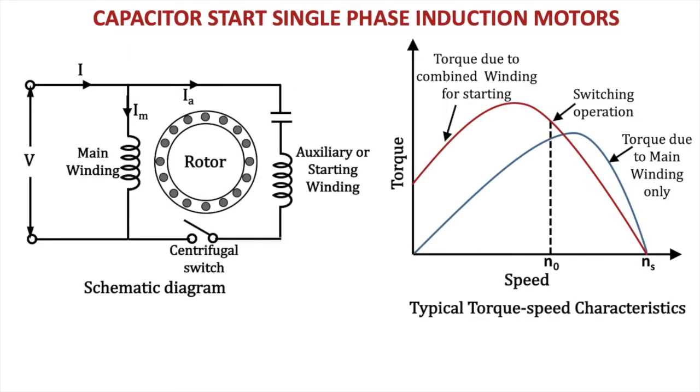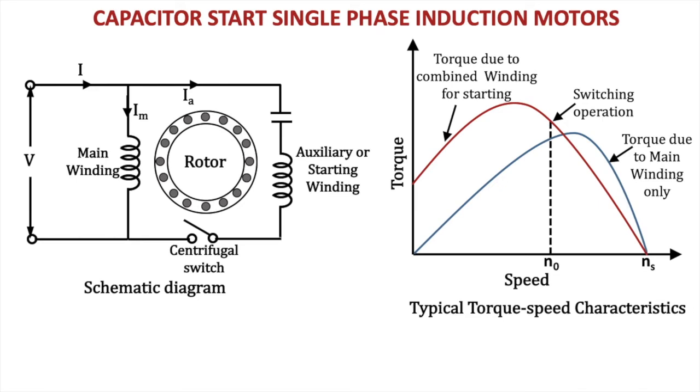Now here you can see the torque speed characteristics of the given motor and the schematic diagram, which you can easily draw. The main winding is connected in parallel to the supply system, and the auxiliary winding with the capacitor is connected in series with the centrifugal switch, and the centrifugal switch will operate after 70 to 80% of the speed has been achieved.